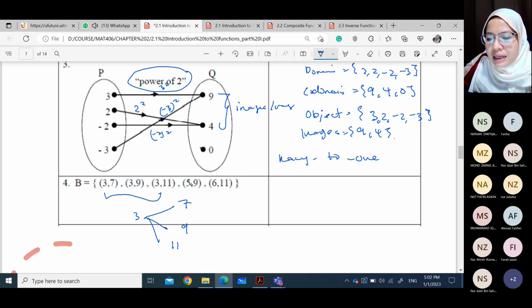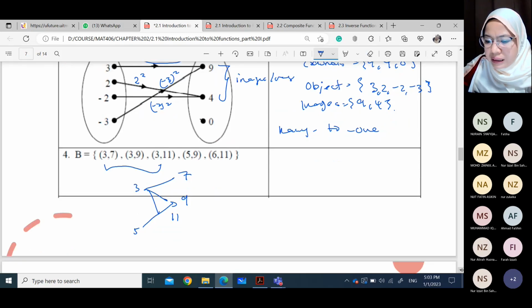Untuk objek 5, it is mapping to 9. And then ada lagi satu, kita ada objek 6. So objek 6 it is mapping to 11. So kalau kita tengok dekat sini, is 1 to many.